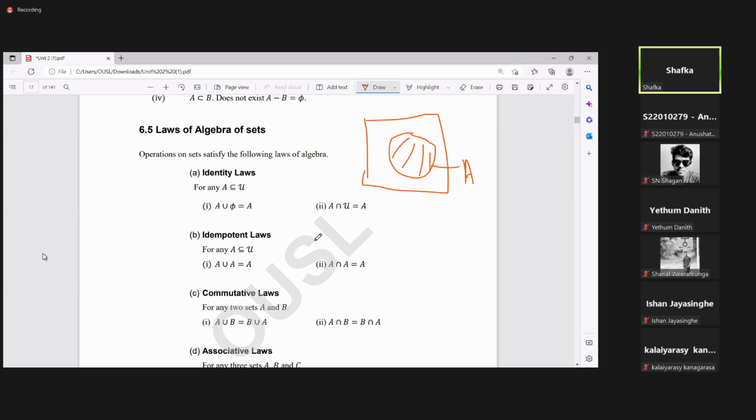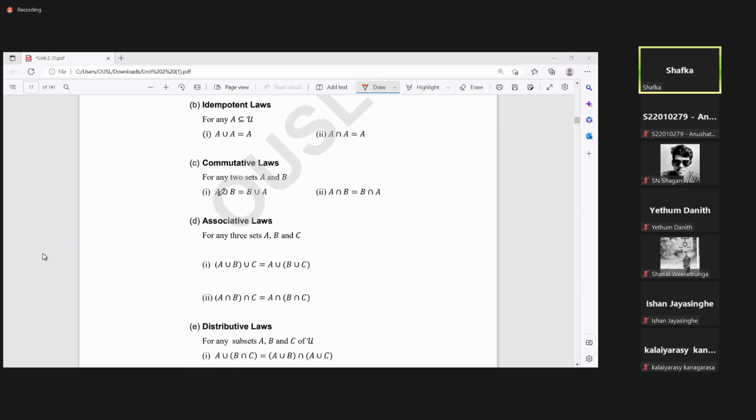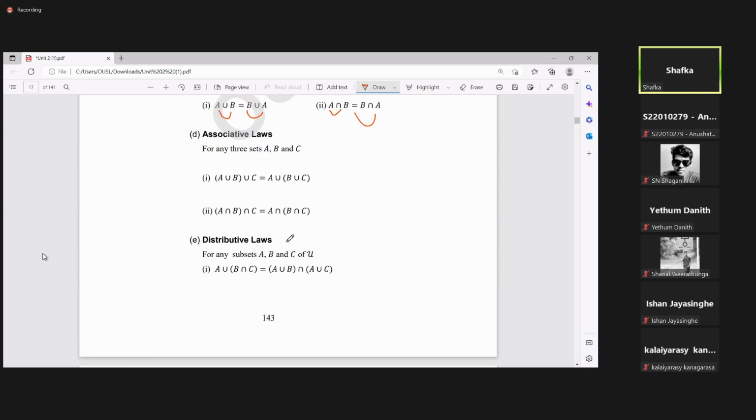Then we have the idempotent law. A union A is again A, and A intersection A is again A. In the commutative law, either for union or intersection, you can interchange the sets. You are interchanging the sets. And then the associative law.